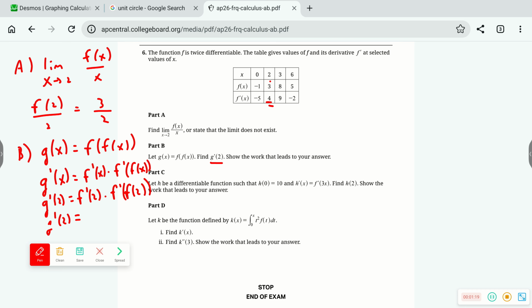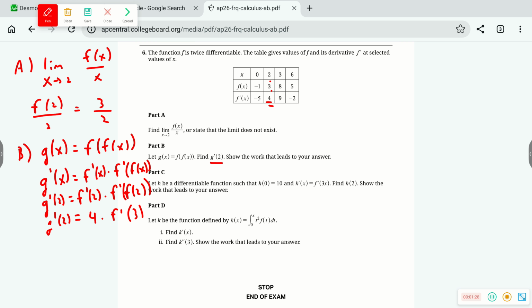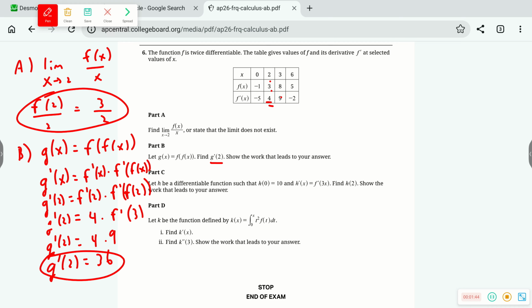It's right here, isn't it? 4. And f of 2 we had used earlier, 3. And now we need f prime of 3, which we also look at the table, where it's 9. 4 times 9, I'm liking 36. So far, not so bad. I think we've shown the work there, so we're feeling pretty good about that.